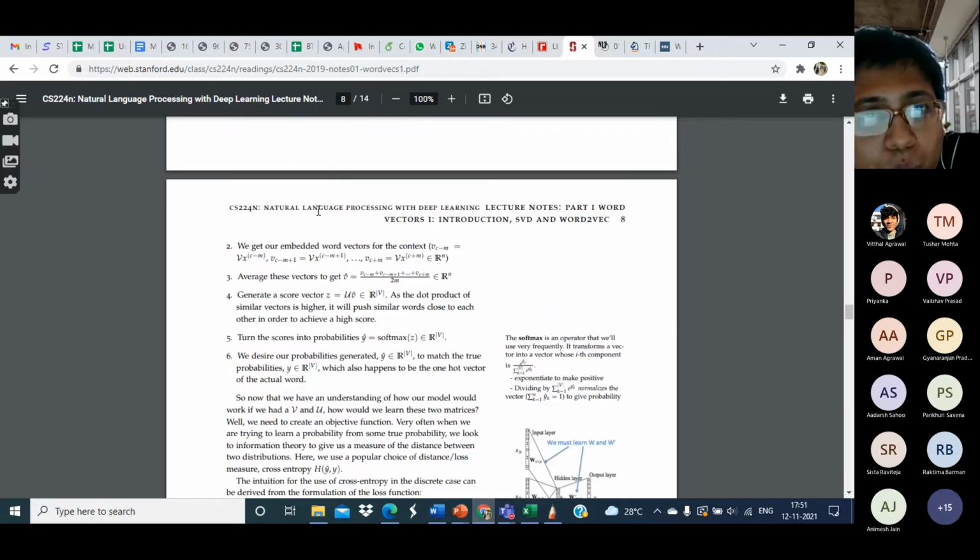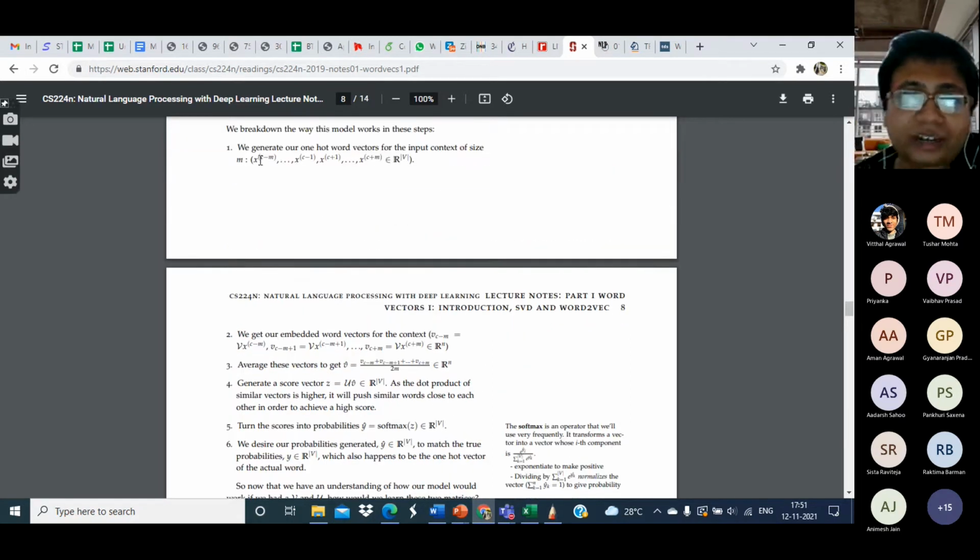Now, we already know what words are the context of XC. That is, these words which we are considering: XC minus M, XC minus M plus 1, up to XC minus 1, XC plus 1, up to XC plus M. We already know these words, and we also know that they are appearing in the context.